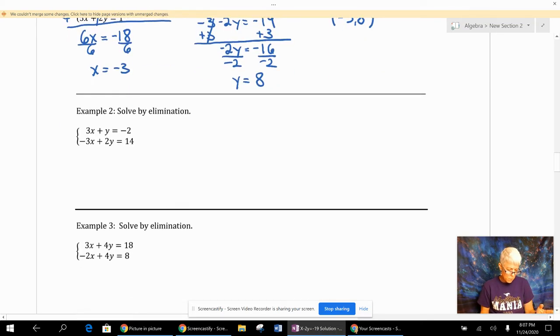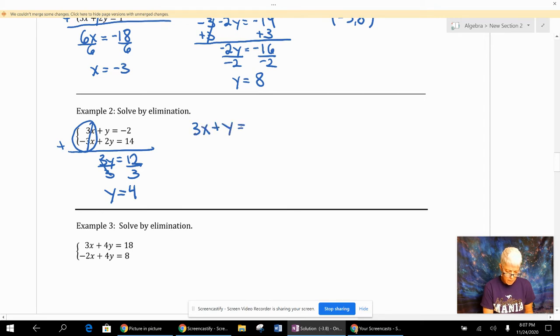Okay, now on this one, again, you can see the positive 3 and the negative 3 are already stacked on top of each other, so I could just eliminate them pretty quick and then add, and I have 3y equals 12. This one's again pretty easy. Y equals 4, and then I just substitute that y in, it doesn't matter which equation.